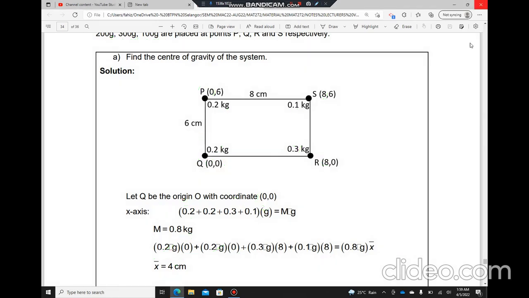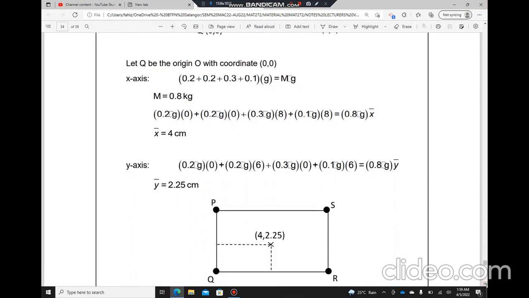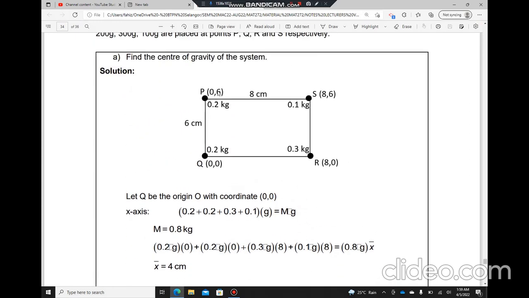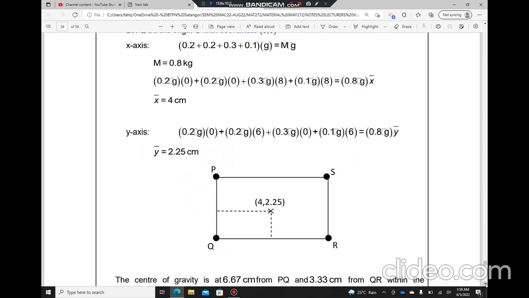Okay, so for Y, do the same method. So look one by one, but make sure to check carefully for Y. What does Y use? Here we use 0, 6, 6 and 0. So look carefully at the distance. So we will get the coordinate of the center of mass for Y is 2.25.